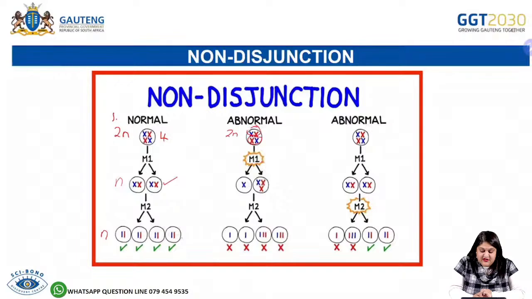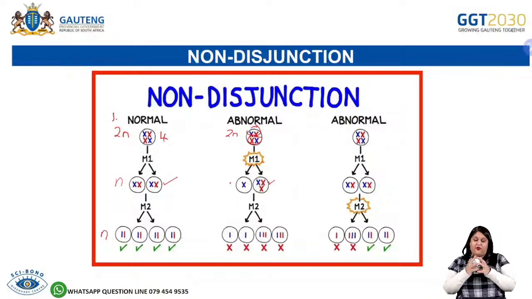So one of them did not separate. It's actually the first one that they're showing there. So you can see that in this cell now, we have an extra chromosome. What was supposed to happen was, we were supposed to have 2 in this cell and 2 in this cell. But now they did not separate, so it stayed on the one side.